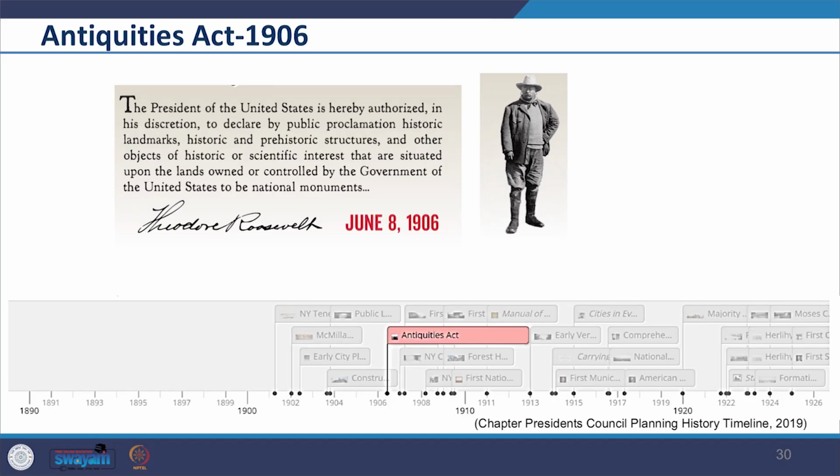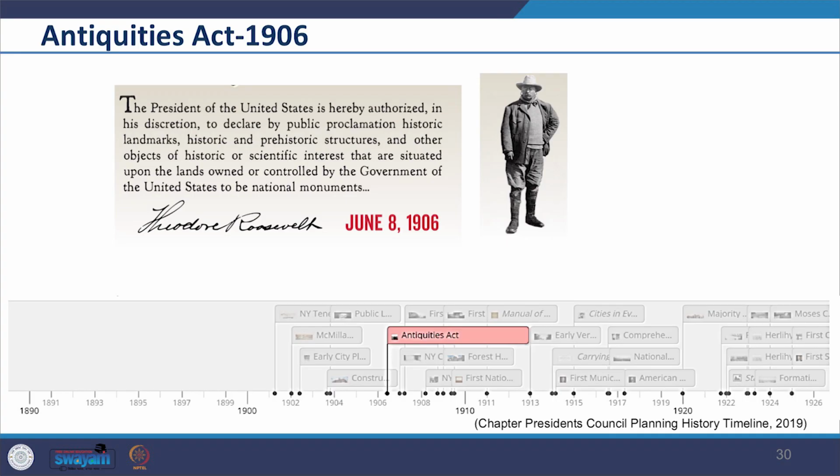Moving forward, we see in 1906, the Antiquities Act came. In this, President Theodore Roosevelt signed the Antiquities Act into law to preserve archaeological sites on public lands. So we see how we have started taking care of all the heritage which is there. The act also authorized the President to protect landmarks, structures and objects of historic or scientific interest by designating them as national monuments.